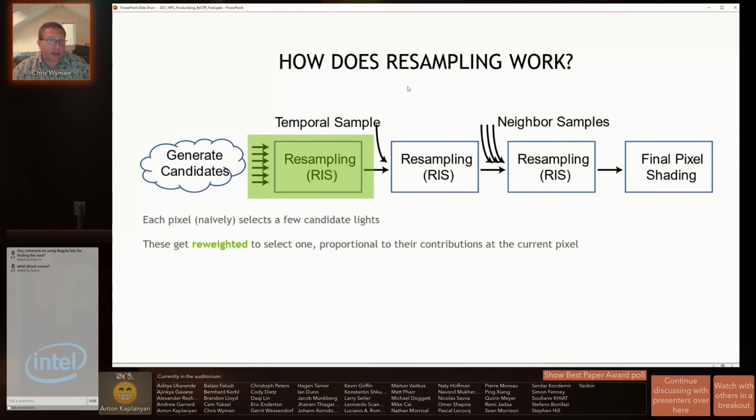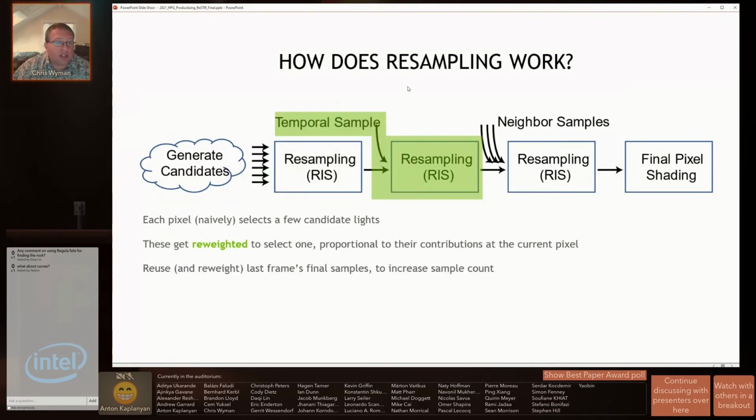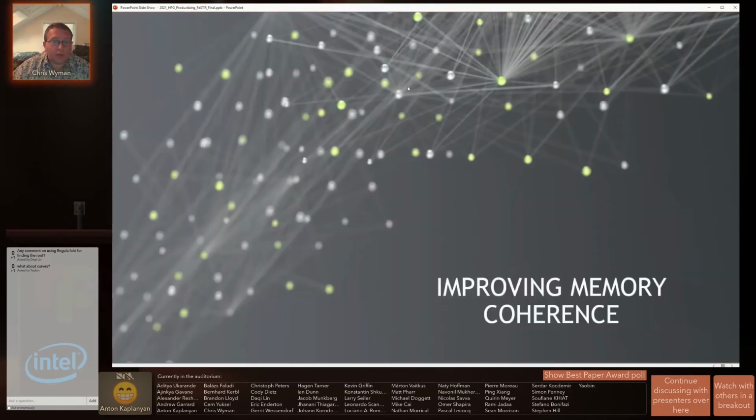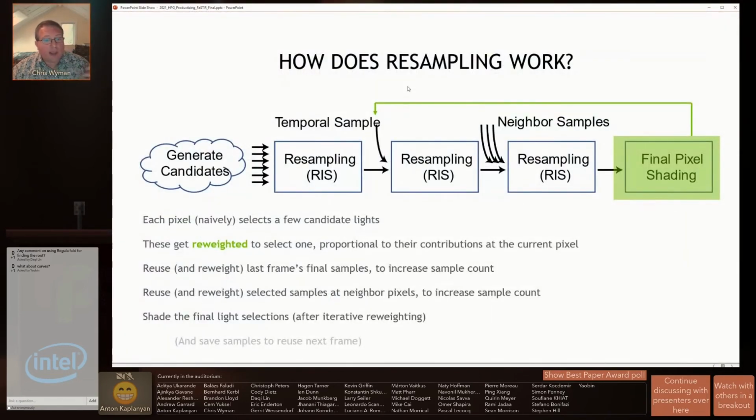Then one is selected and combined with temporal samples to help reduce variance by reusing samples from the prior frame and increase the sample count. We then combine with some neighbor samples from adjacent pixels in the frame and reweight again to increase sample count. Once we're done with all of this, we shade after this iterative reweighting, and then save and reuse these samples in future frames in addition to shading them there.